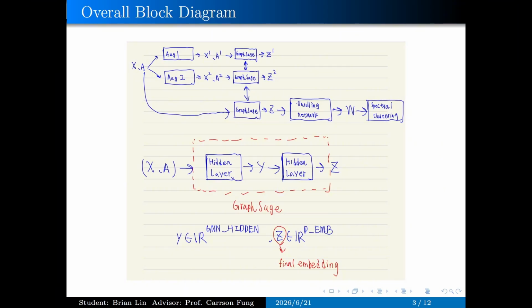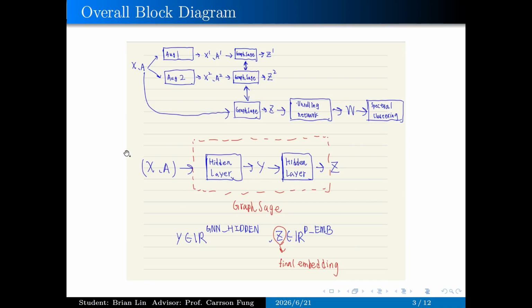As mentioned earlier, we use Z1 and Z2 to calculate the InfoNCE loss. Finally, we use the original node feature matrix and adjacency matrix to generate the original embedding and feed it into the unrolled network to get our W, and use W to do the spectral clustering to get our final node cluster results.